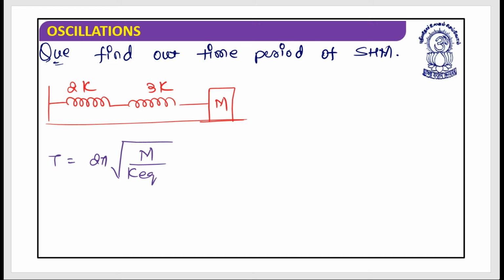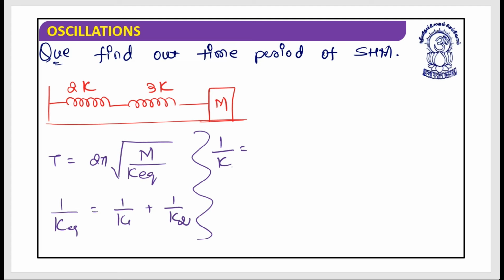And under root of M divided by K equivalent, this will give me 1 by K equivalent equals 1 by K1 plus 1 by K2. Then this could be written as 1 by K equivalent equals 1 by 2K plus 1 by 3K, which equals 3K plus 2K, which is 5K divided by 6K square.